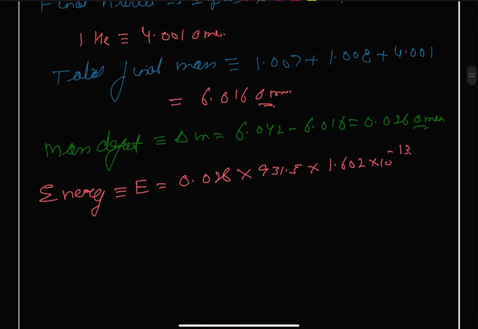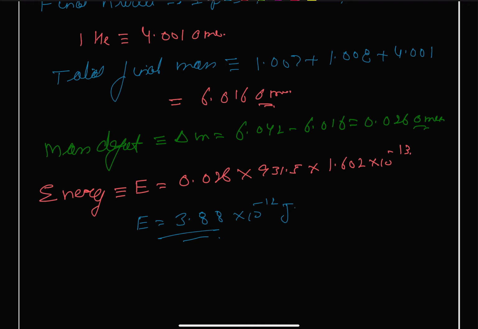So we get our energy is equal to 3.88 into 10 to the power minus 12 joules. So this was the energy for only one cycle.